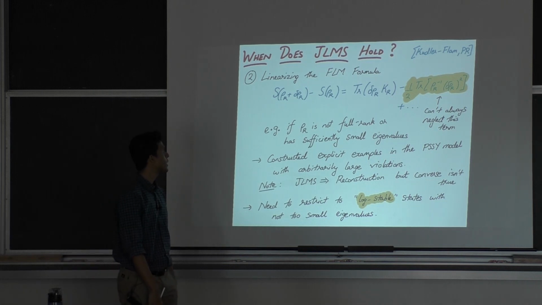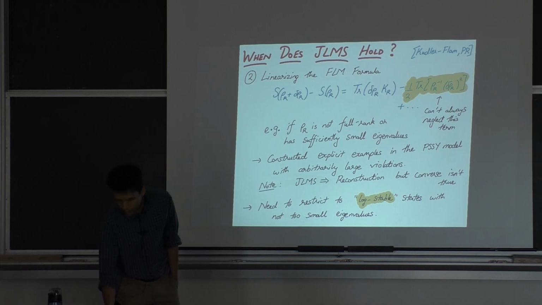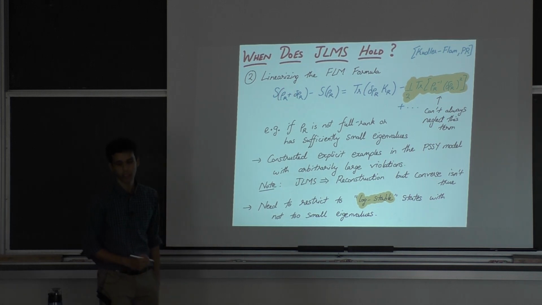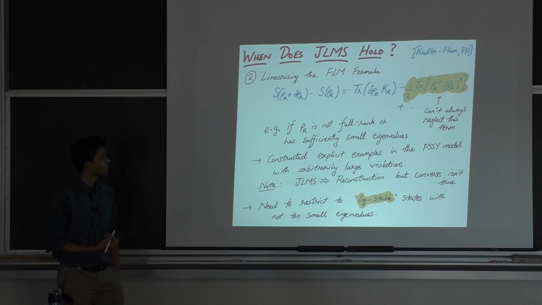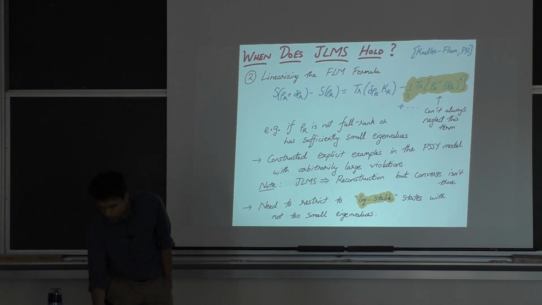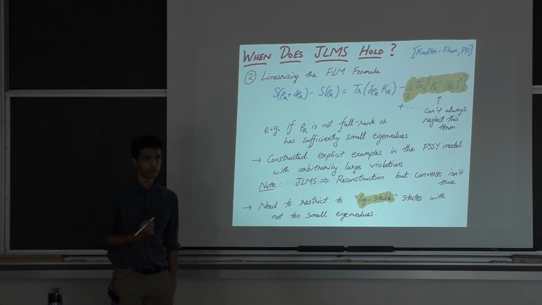What we do when we derive the JLMS formula is linearize the FLM formula. So we consider a state within the code subspace which is deformed from some original state, and we consider the variation in the entropy under that deformation. Usually what we do is just keep this linearized term and use that to derive the JLMS formula.